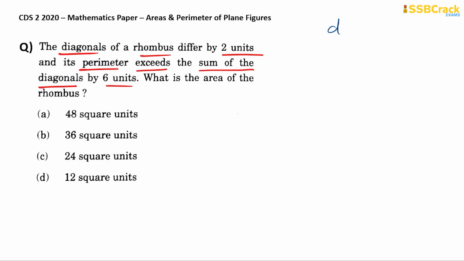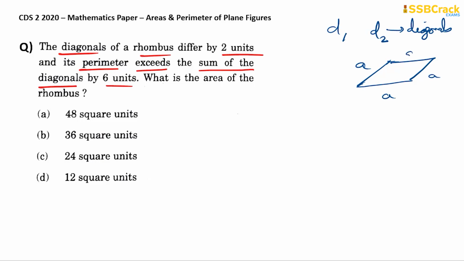So if I say D1 and D2 are the diagonals for a rhombus, and if I visualize that rhombus here, you know very well the rhombus is a figure with all sides equal. So I would take it to be A, but the diagonals are unequal, and the diagonals of a rhombus intersect each other at right angles, and they bisect at the point of intersection.